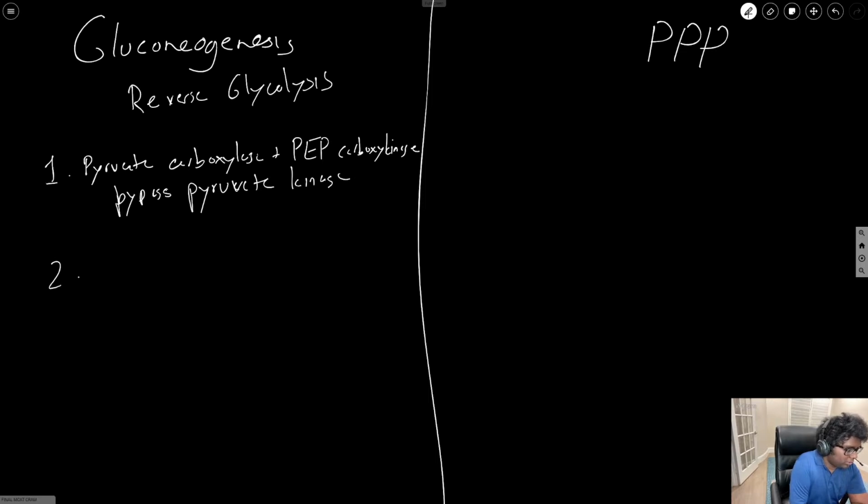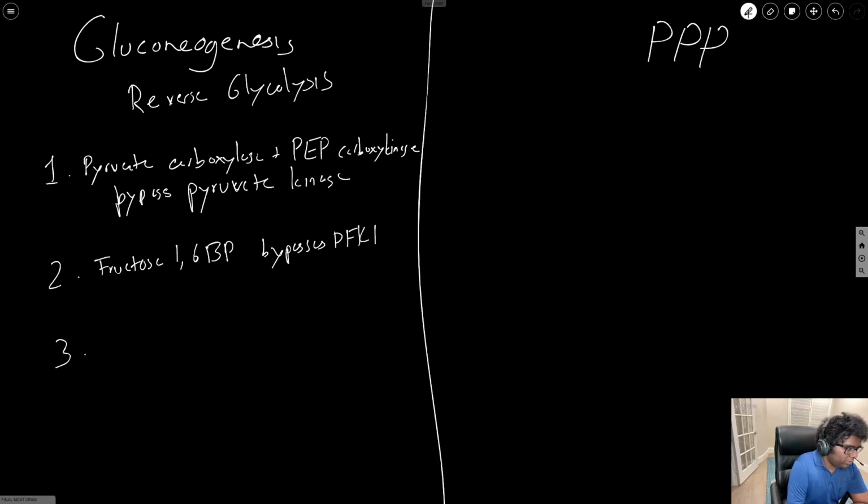And the second one is fructose 1,6-bisphosphatase that bypasses PFK1.